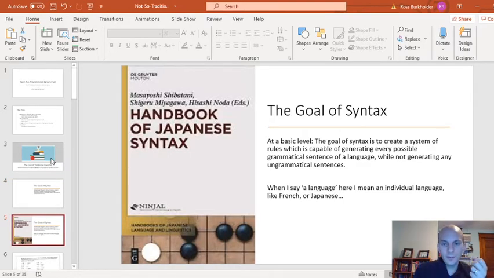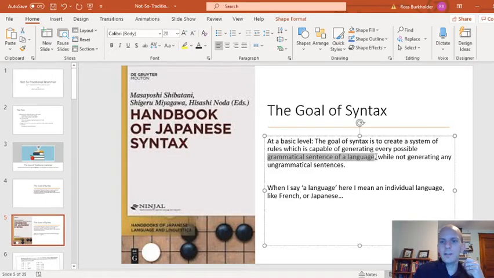Another point, which I should bring up, is that when I say a language, so right here, every possible grammatical sentence of a language, I mean a specific language, like French or Japanese or Russian or Chinese or Arabic or whatever the language is. It's for a specific language.